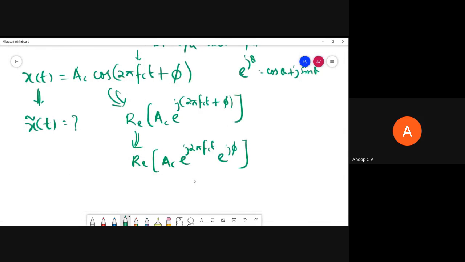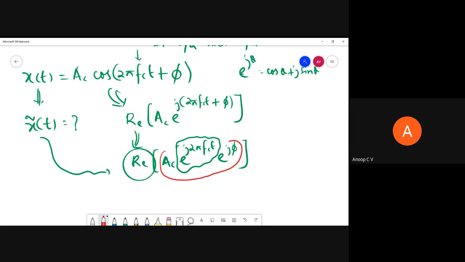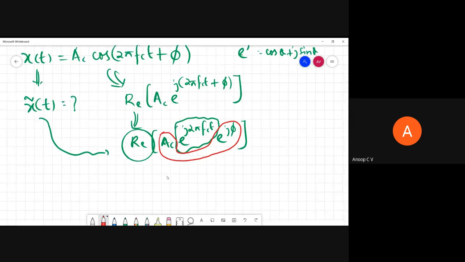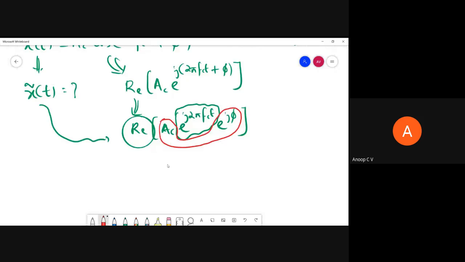Now if I have to get this low pass equivalent x tilde of t, what I should do is suppress this real part and suppress this e power j 2 pi f_c t. Whatever is remaining will be the low pass equivalent of this band pass signal.